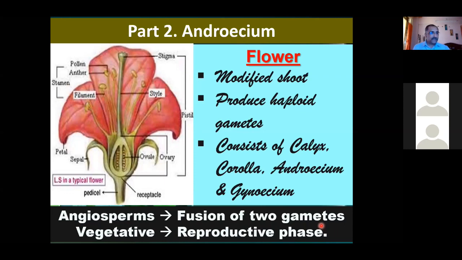So remember that in all angiosperm plants there are two phases. One is the vegetative phase, during which the vegetative parts of the plant body are growing. I don't want to go deep into it, because you already studied the vegetative phase last year in morphology of plants.